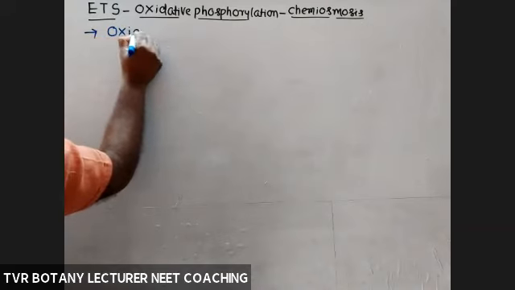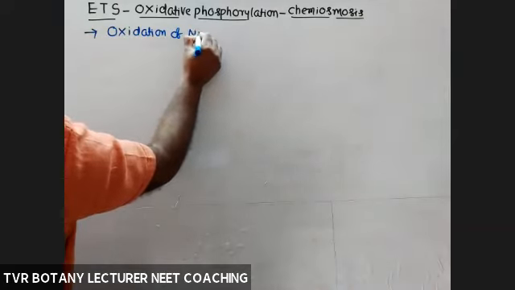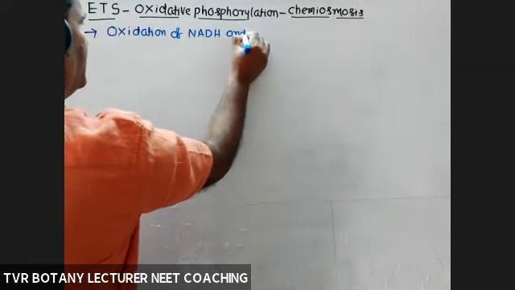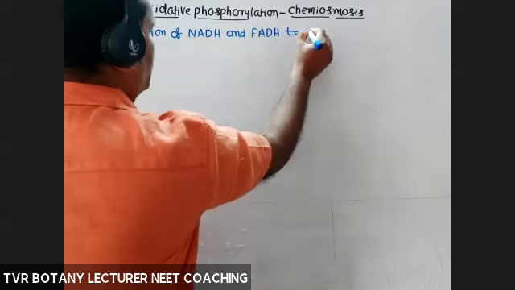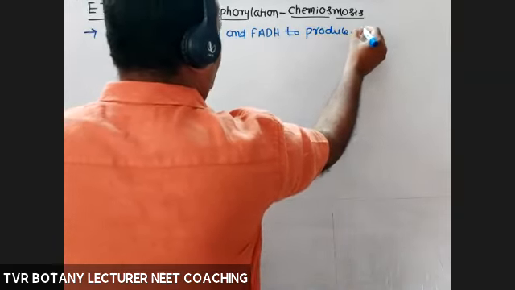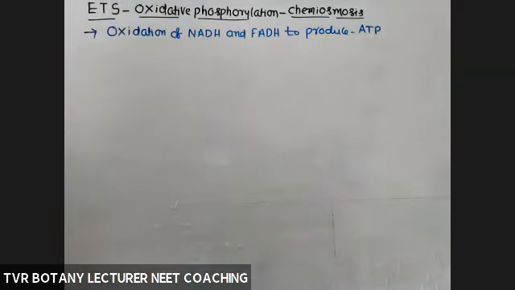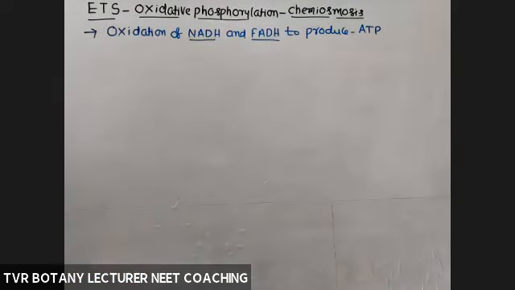Oxidation of NADH and FADH to produce or synthesize ATP molecules in the presence of oxygen. So we should know the number of NADH and FADH.